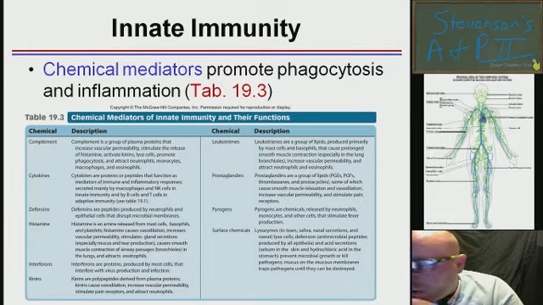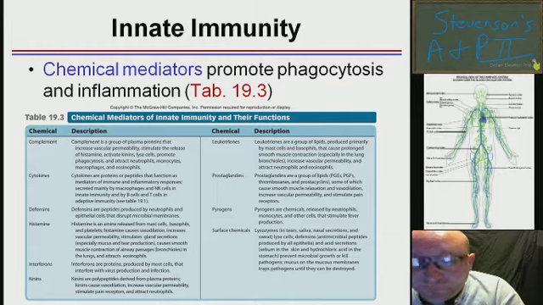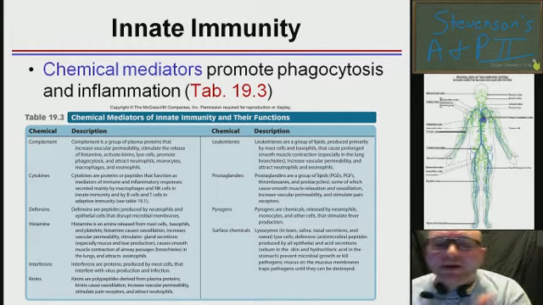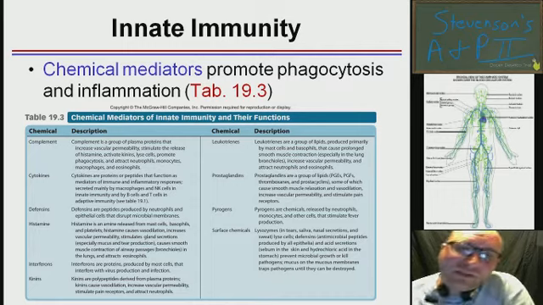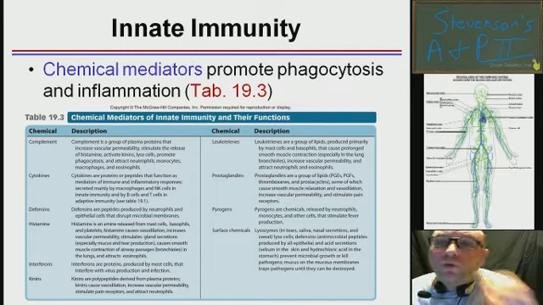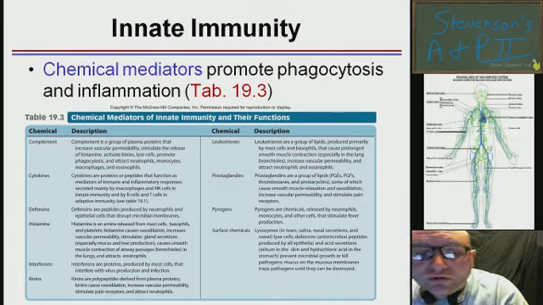The defensins are peptides, which means they're proteins that are produced by neutrophils and epithelial cells that disrupt microbial membranes. Basically what it means is it will break the membrane of bacteria cells and stop their ability to function or live within your cells.